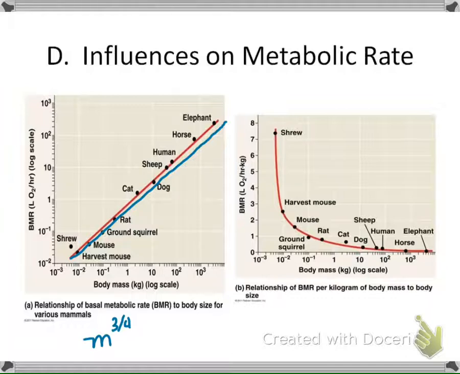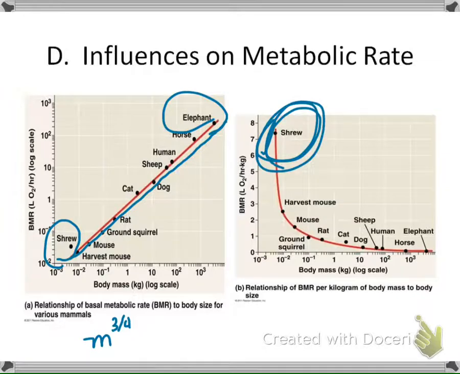So it only makes sense that obviously a shrew does not need as much food as an elephant. But if you look at calories per gram of body mass, mainly how much it takes, the shrew, tiny rat critter, is going to require a lot more than the elephant per body mass.